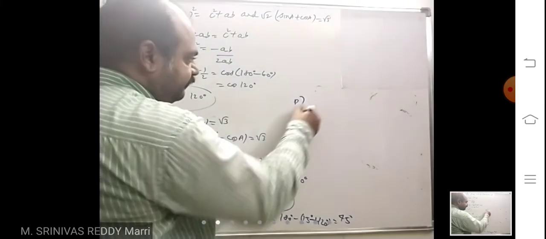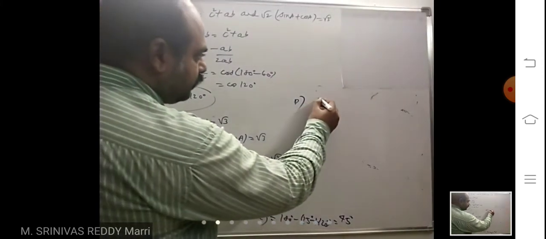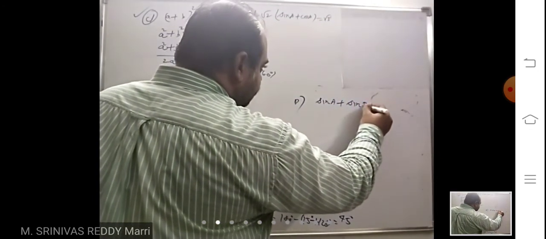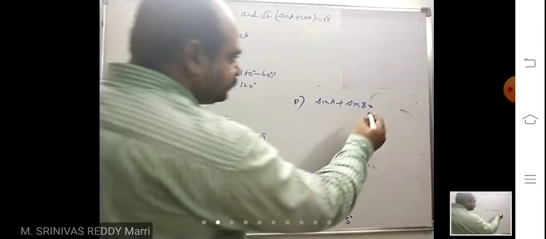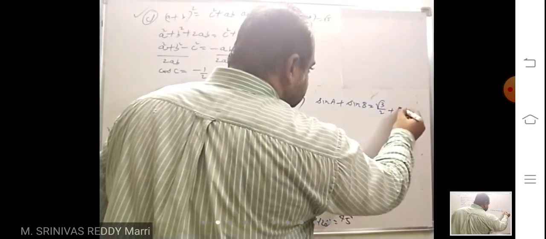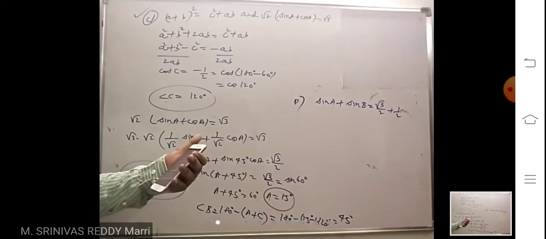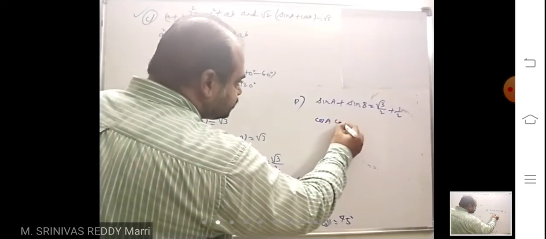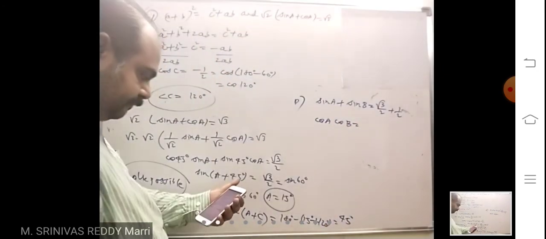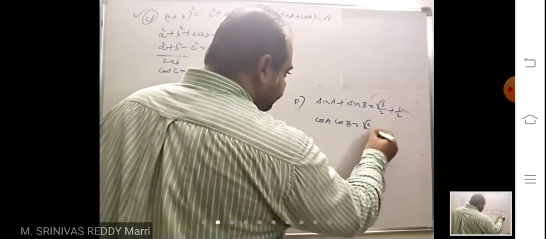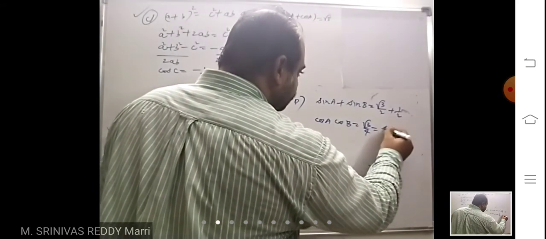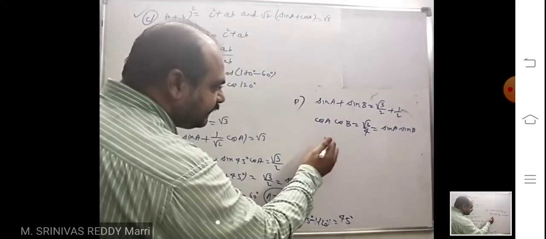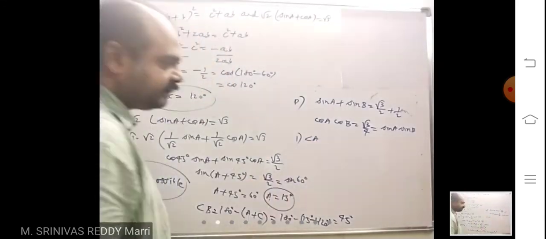So option D, if you take, you got, given that sin A + sin B equals √3 by 2 plus 1 by 2, and cos A cos B equals √3 by 4, which equals sin A sin B. You can easily say, look, I am first writing one triangle.